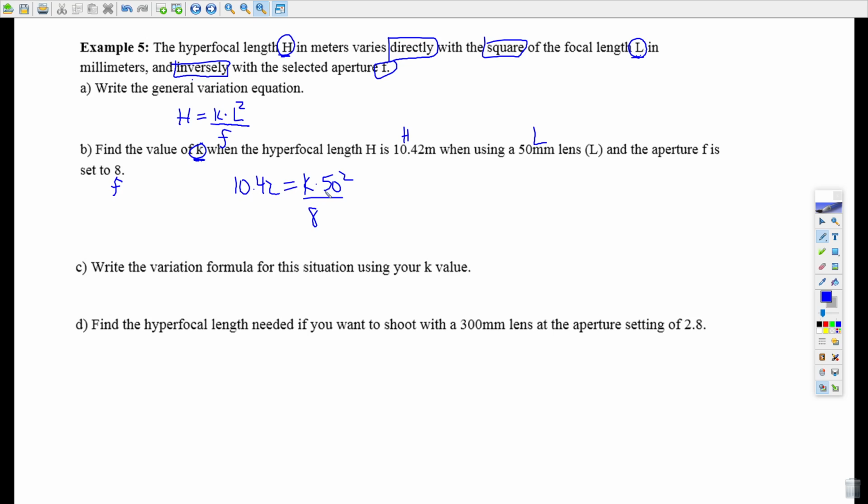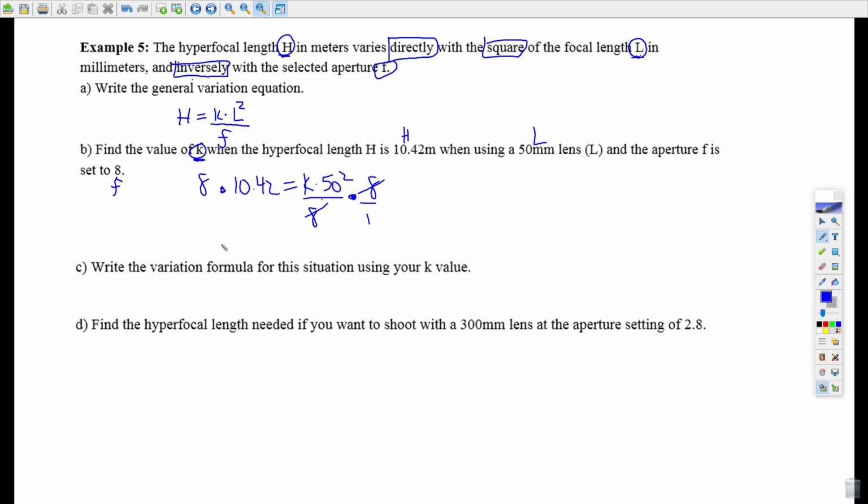You could do reciprocal. It doesn't really matter. I think I'm going to do the 2 steps in one. So I'm going to multiply both sides by 8. This is like 8 over 1, so the 8s will cancel. Then you're going to do 8 times 10.42.